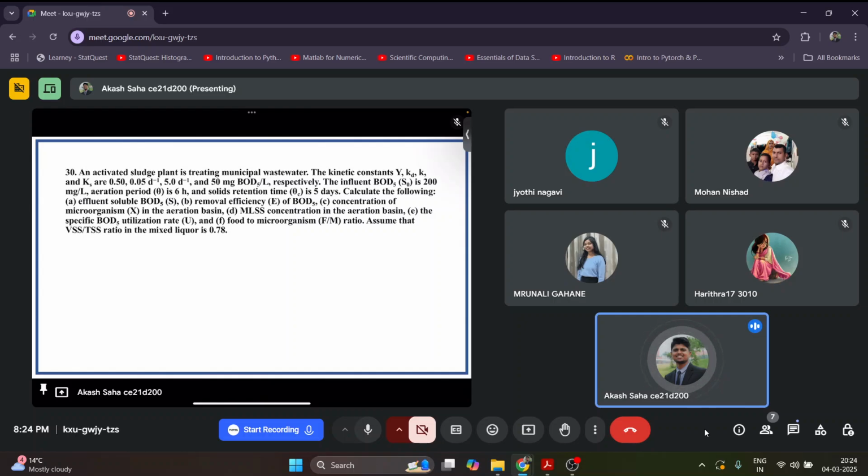You have to calculate the effluent soluble BOD, removal efficiency, concentration of microorganisms, MLSS, specific BOD utilization rate, and F/M ratio. I know you all have this question already, so I will just give you the solution so that you can cross-check your answers, which we solved yesterday.